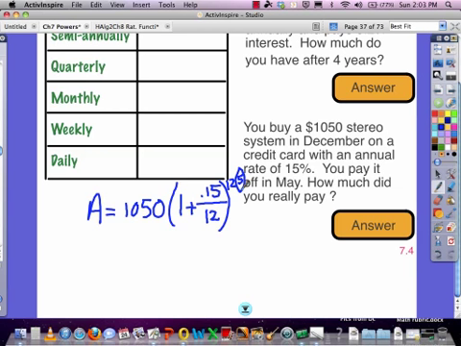But 12 times 5 is 60, so we raise it to the power of 60. And did you get, remember your calculator doesn't know you're dealing with money, so how much did you really pay for that stereo?